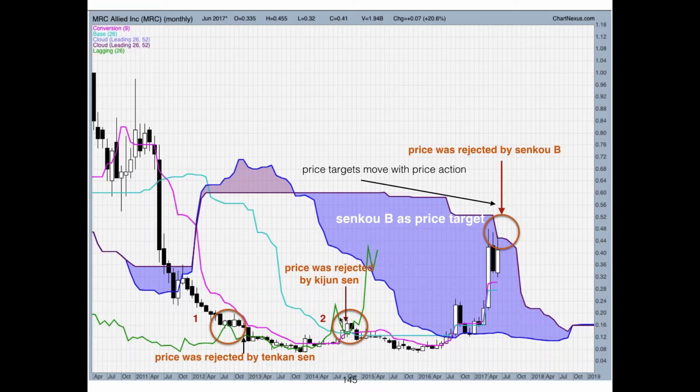In number 2, price was rejected by the Kijun-sen and then dropped back down. In number 3, price broke above the Senkou span A. In number 4, price retested the Senkou span A as its new support.